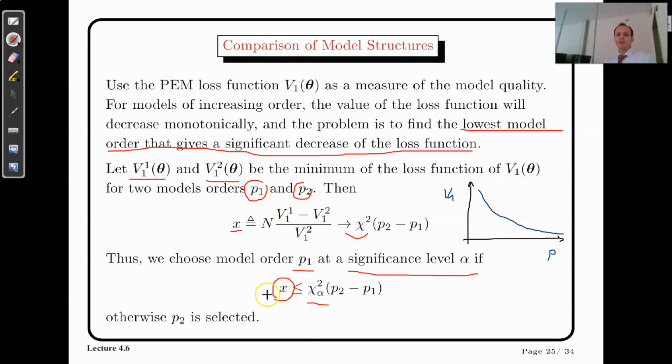But if this condition is not verified, P2 is selected. So if you want to check which is the best order of your model, you should perform this statistical test. It's not really required, but it is a principle which can be used for determining if your model is right.